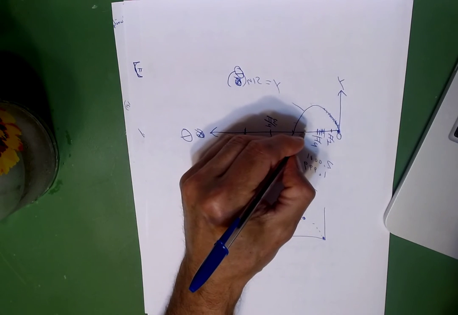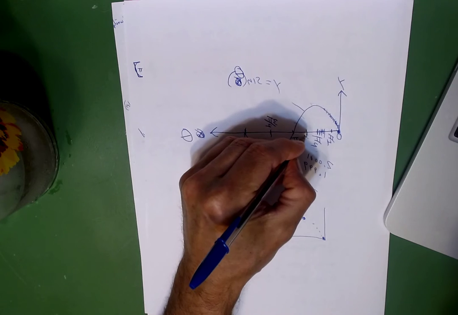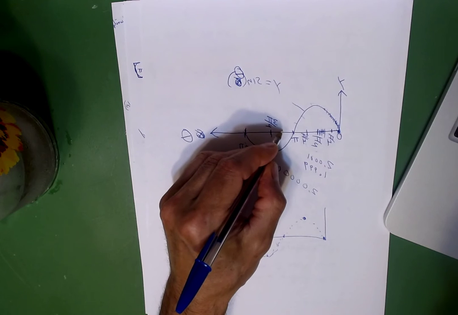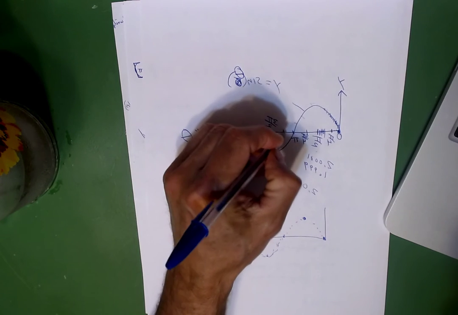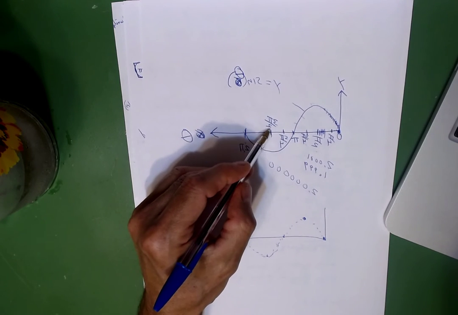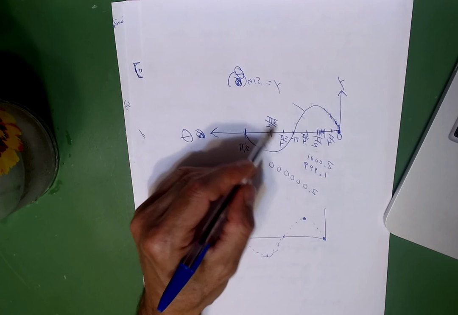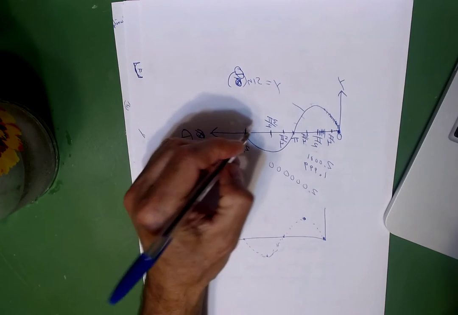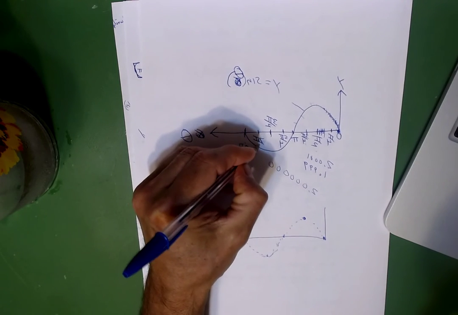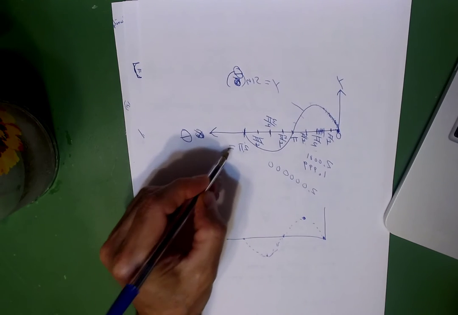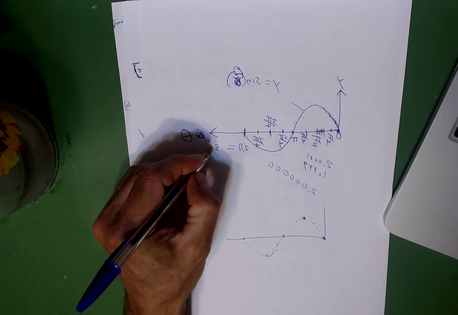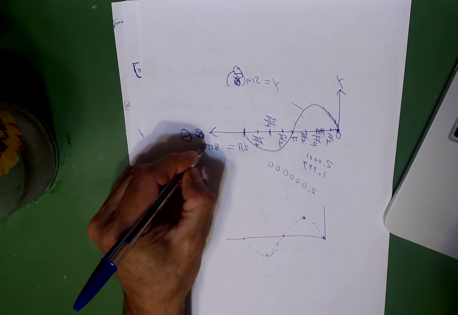And this would be 3 pi over 4, pi, 5 pi over 4, and 3 pi over 2, which is the same thing as 6 pi over 4. And then this one would be 7 pi over 4. And 2 pi you'll recognize is the same thing as 8 pi over 4.